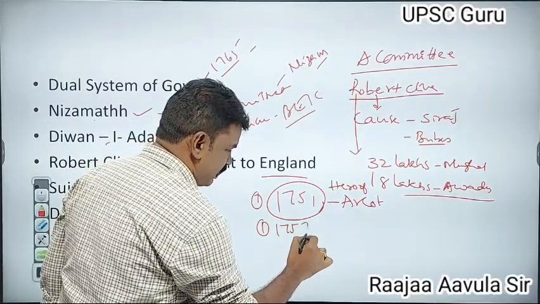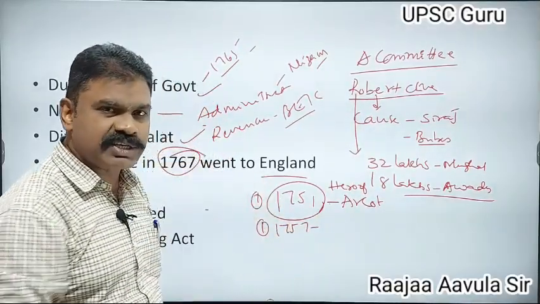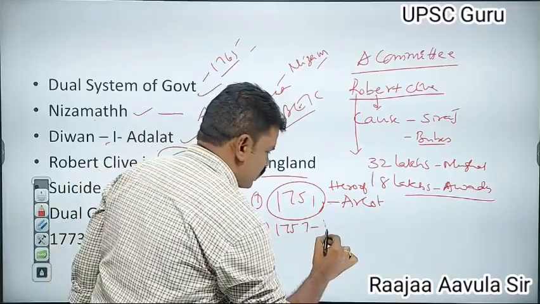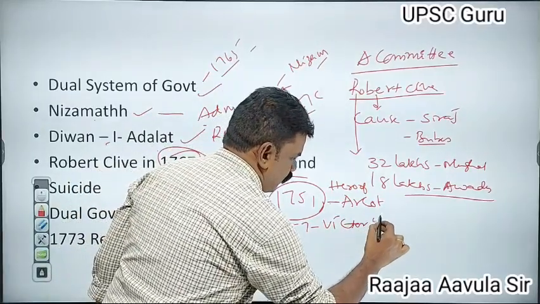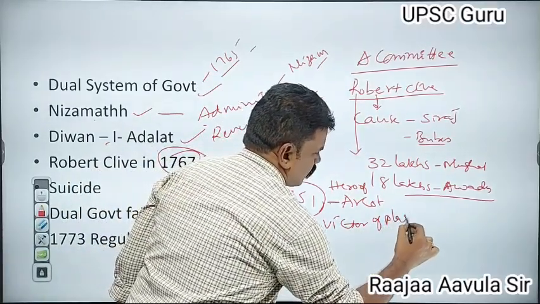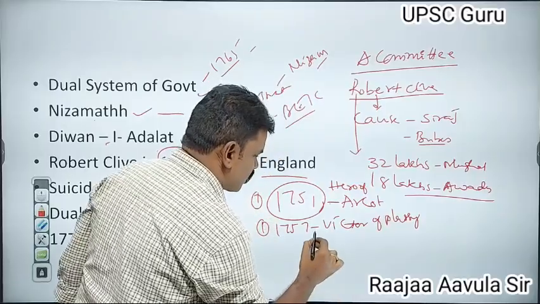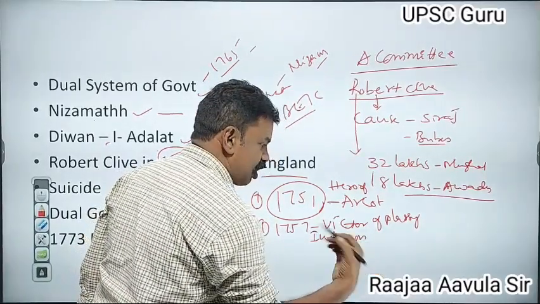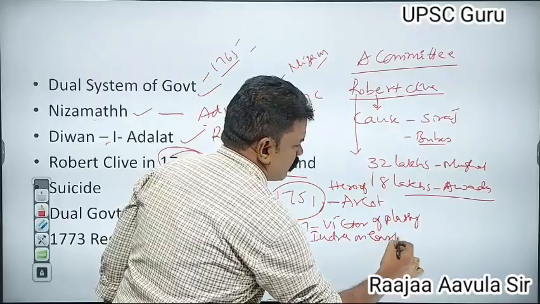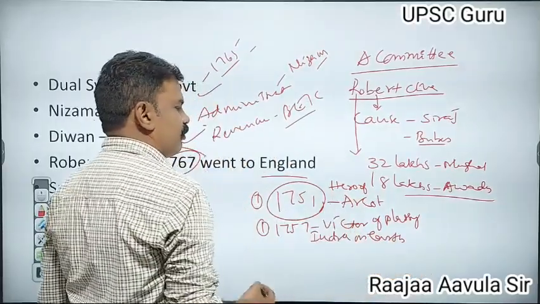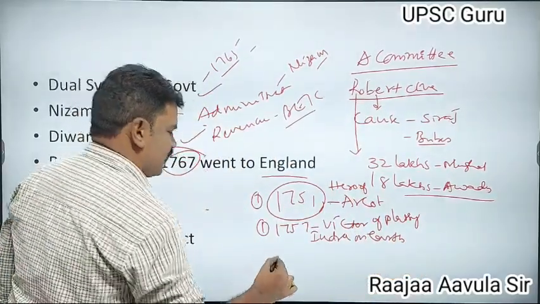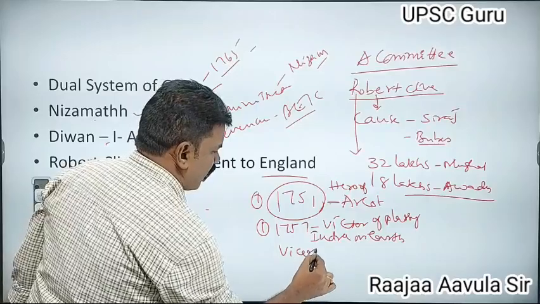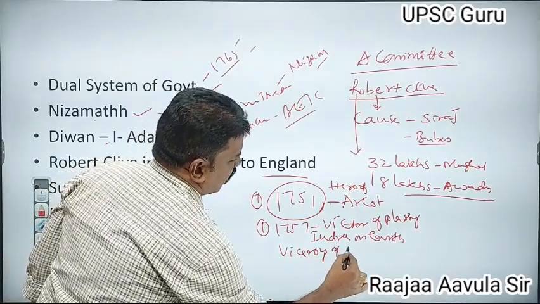In 1757, whenever he got victory in the Battle of Plassey, he got the title Victor of Plassey. And Indra on earth, that is Lord on earth. And he was also given Viceroy of Ireland.